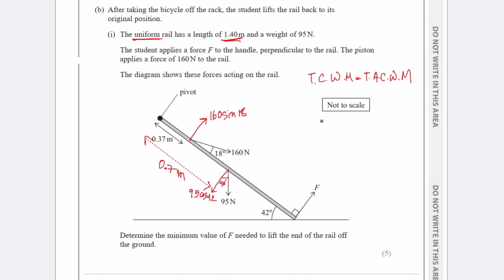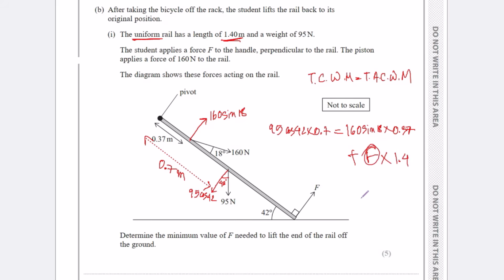So the clockwise moment is 95 cos 42 times this distance 0.7 equals, now bring in the anti-clockwise moments, which is 160 sine 18 times, always remember, for the moment it's force times perpendicular distance from the pivot, times 0.37, plus you have this force F times this distance from the pivot, and this is the entire length of the rail, which is 1.4.